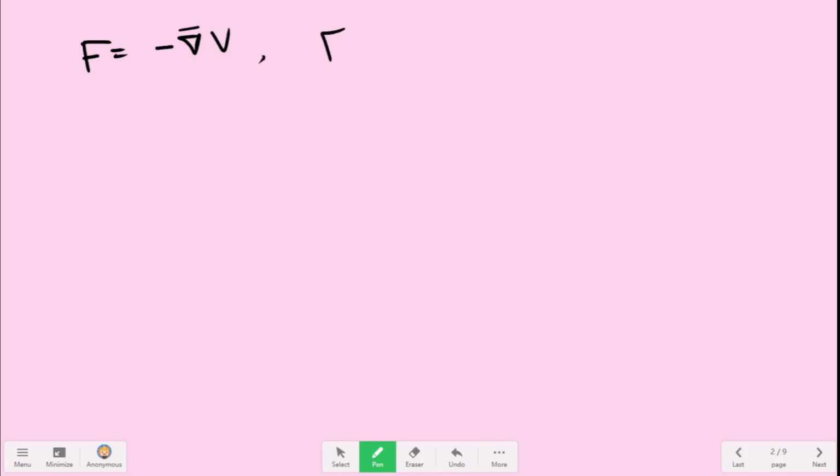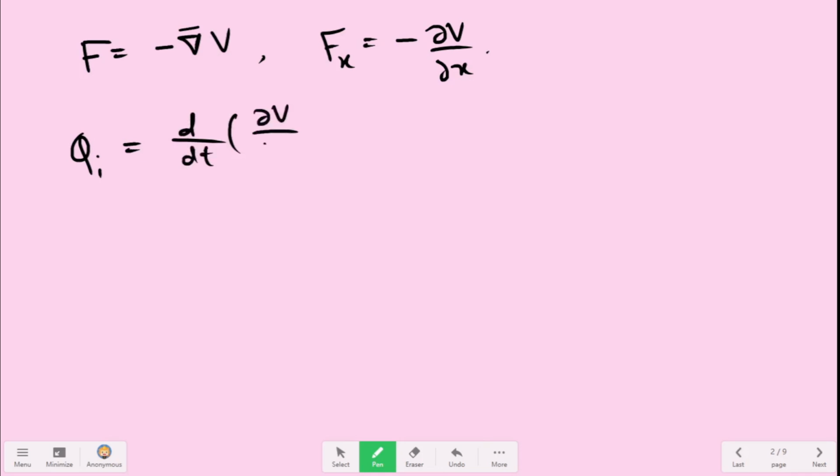In one dimension, F_x is equal to minus ∂V/∂x. And the generalized force we obtained here is Q_i is equal to d by dt of ∂V/∂q_i dot minus ∂V/∂q_i.